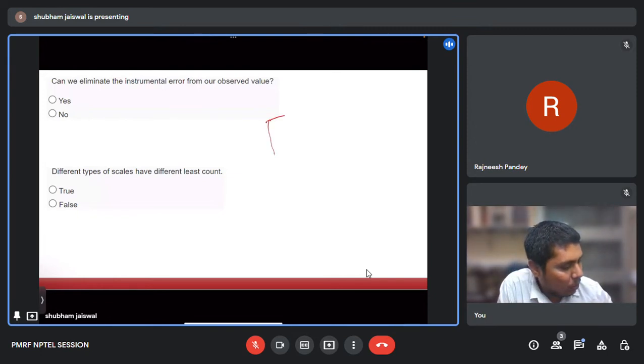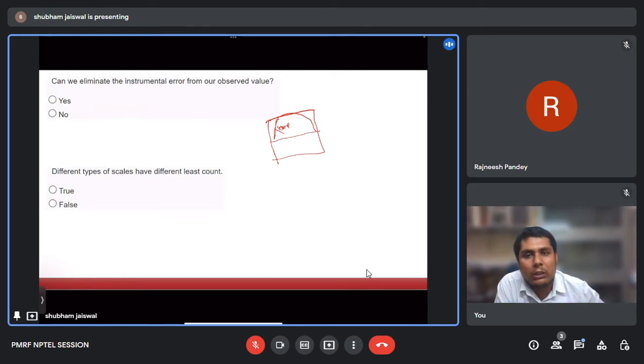Suppose we have one ammeter and it's continuously showing a reading of 1 ampere when there is no input, but still it is showing 1 ampere.